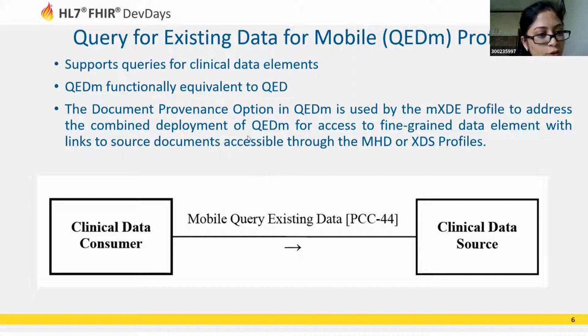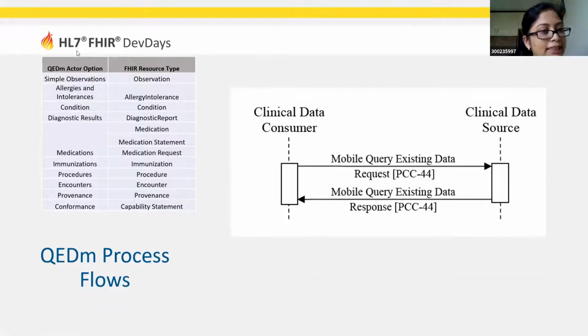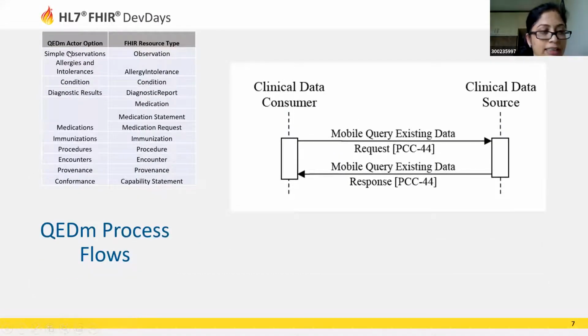From the actors, the clinical data source can store information related to observations, allergies, conditions, diagnostic results, or any of the information that it could store. And it also provides a mechanism of mapping this information to an equivalent FHIR resource. As of today, the QEDM IHE profile roughly defines these resources based on the querying capability that already existed in the QED IHE profile.